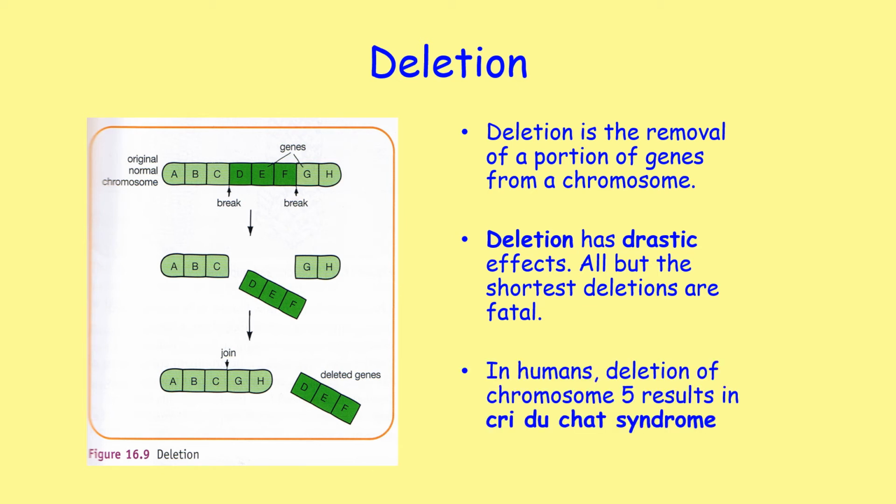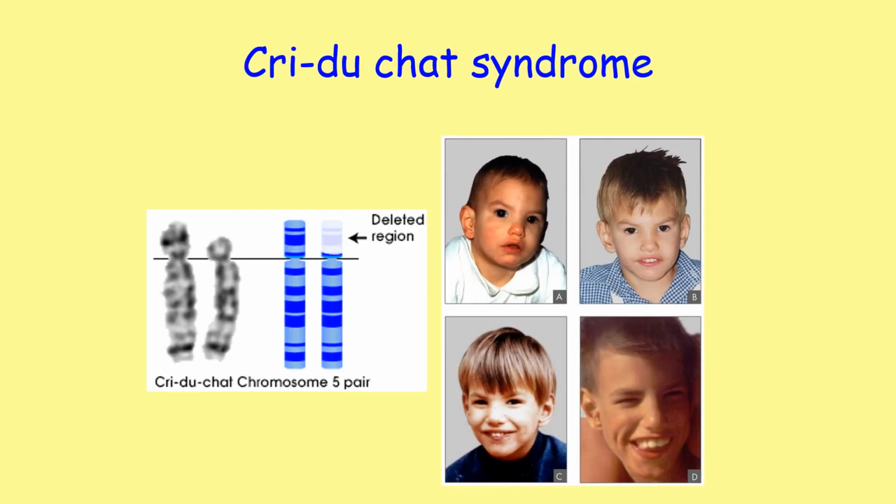An example of a disorder that has resulted from a deletion of a chromosome is known as Cri-du-Chat, and Cri-du-Chat has occurred because of deletion of chromosome number 5. You can see there on the left-hand side, we've got a picture of chromosome number 5.